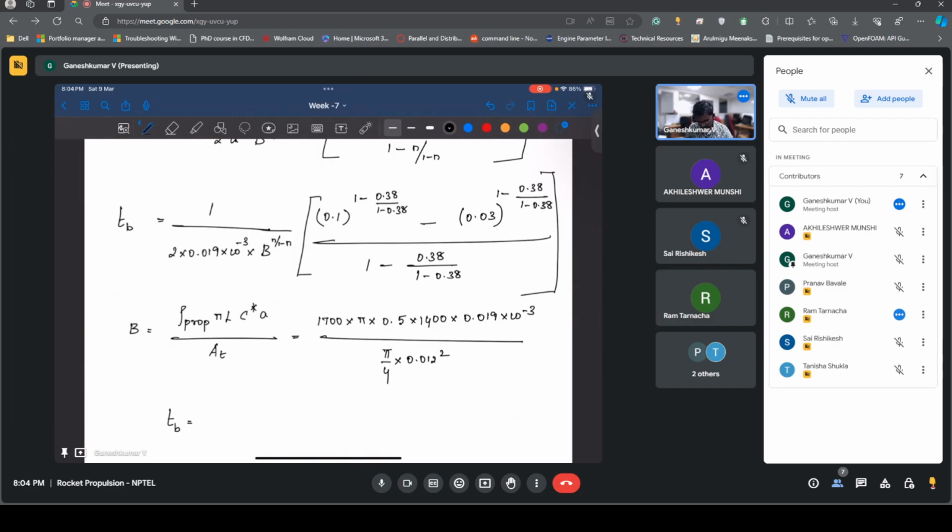Let me also try to find out pi, 0.5, 1400 into 10 power minus 3, divided by pi into 4, 0.012 square. So B is coming out to be something like 628,055.55.